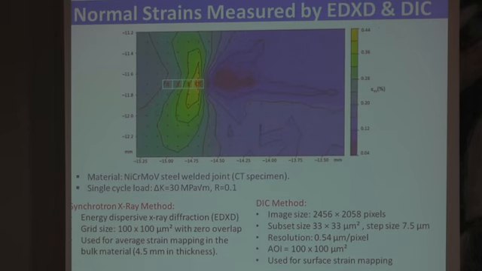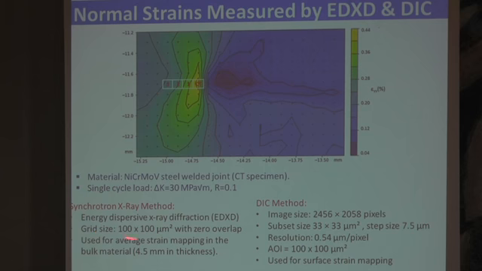Also, a different experiment was done, as indicated by my colleague Tim yesterday, at Diamond, to compare the strain using DIC and using synchrotron X-ray for a different material, welded steel, where delta K is 30 MPa square root of meter and the load ratio is 0.1.